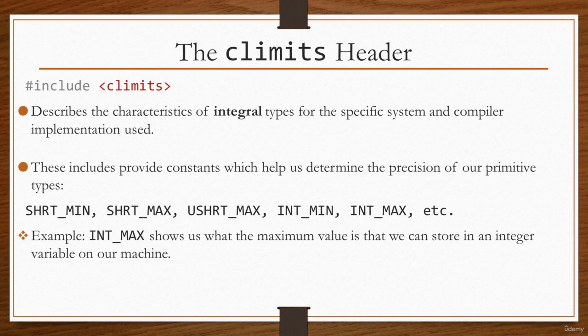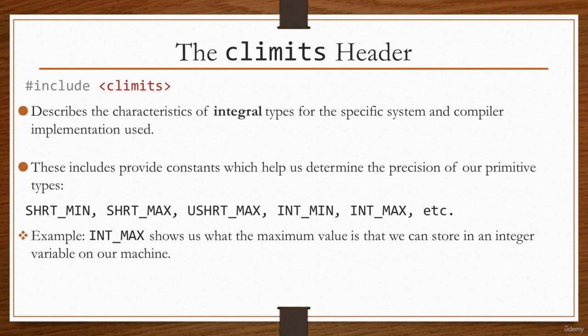We also have climits and cfloat, which describe characteristics of integral and floating types, respectively, for the specific system and the compiler implementation that is used. It's important to note that these things are compiler and system dependent. If you use a different system or setup than I use, or a different compiler, you might get different results.